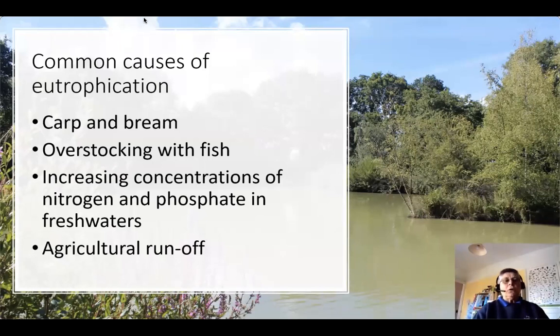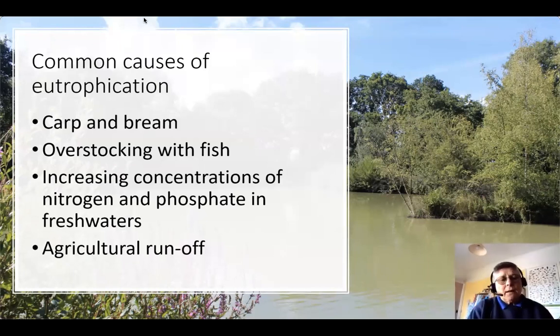So what are the common causes of eutrophication? Well, if you run a fishery, carp and bream are very common causes of eutrophication. Both feed by mumbling, feeding on the sediments, and when they feed in the sediments, they tend to release phosphate back into the water column.